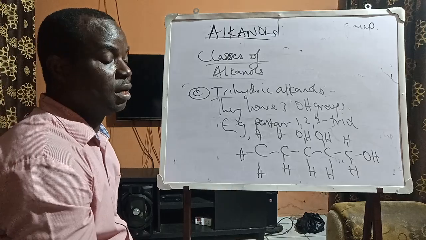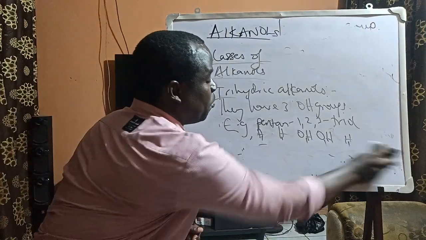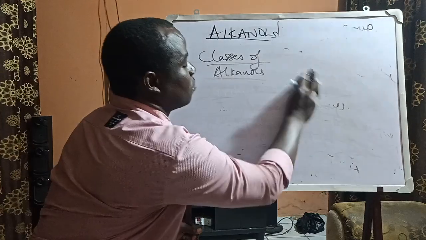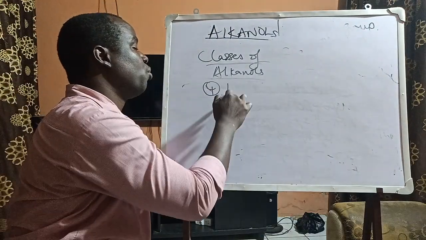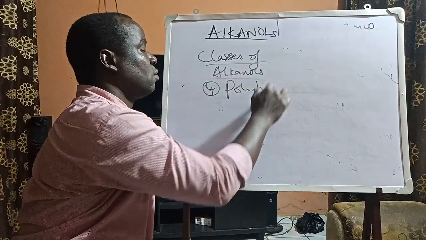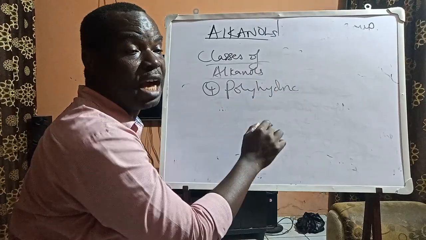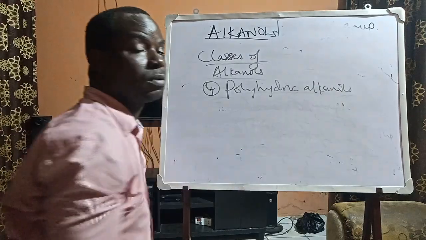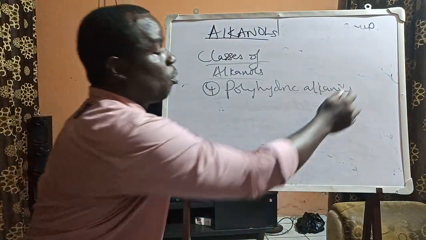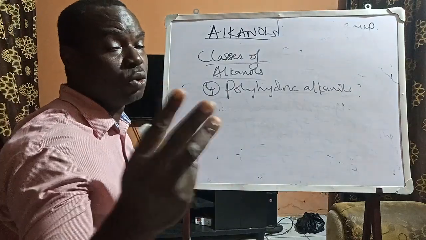Then the last but not the least, is polyhydric alkanols. For polyhydric alkanols, they have more than 3 OH groups.